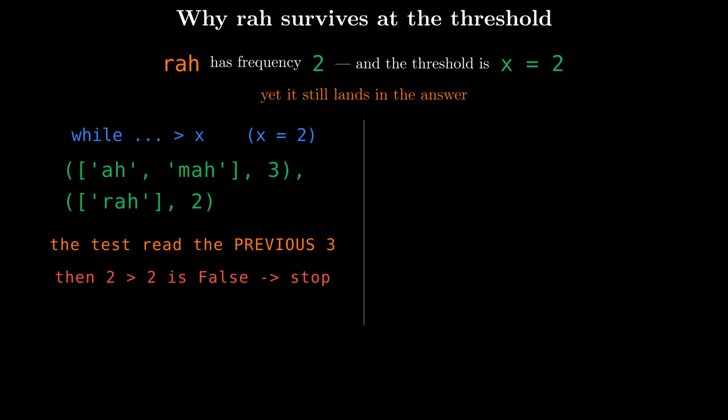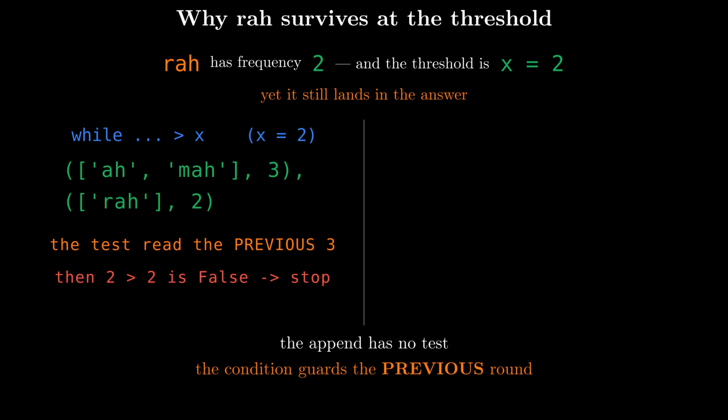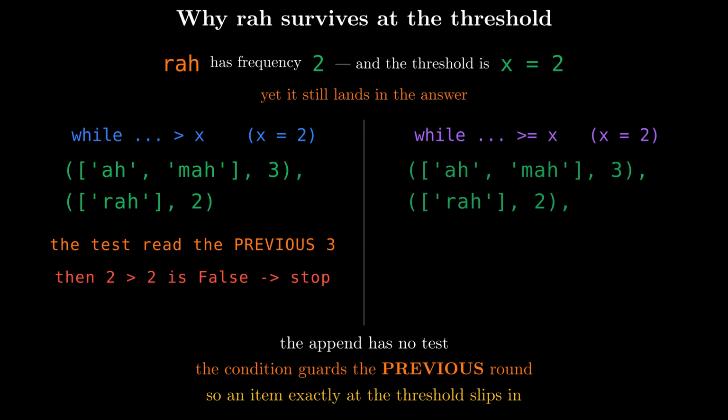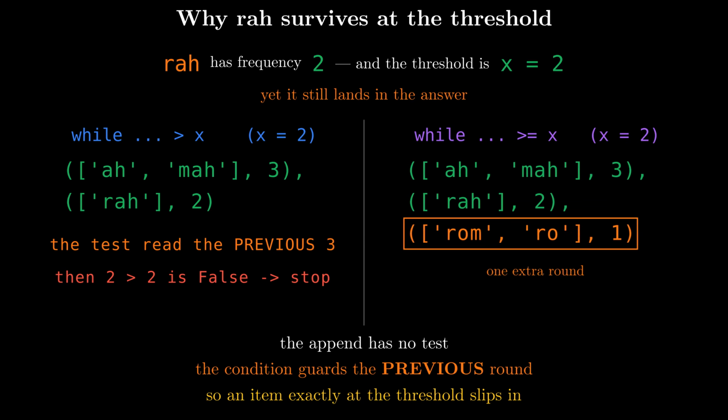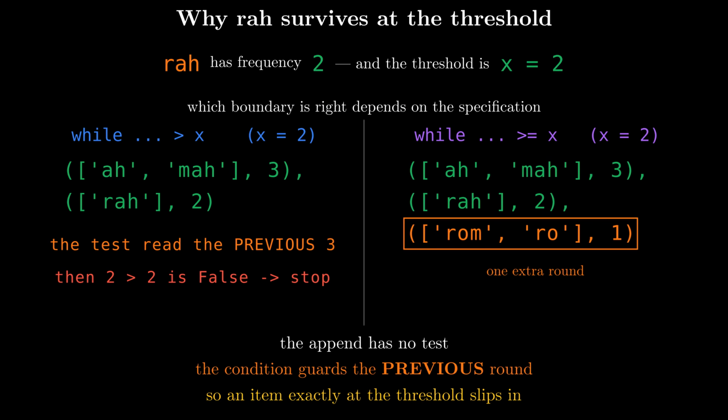The append has no guard of its own. That is why an item exactly at the threshold survives. If the code used greater than or equal to instead of greater than, the loop would run one more round and add rom and ro at 1. Which boundary is right depends entirely on the specification you were given.